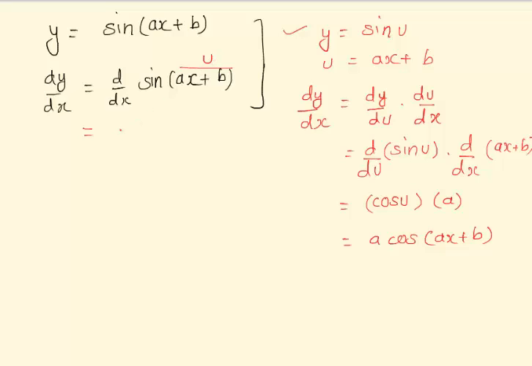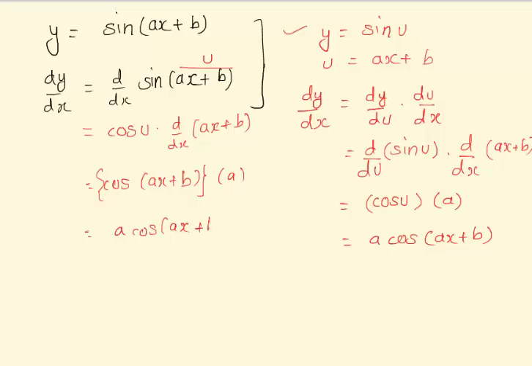You can directly write here cos u into du by dx, that is d by dx of ax plus b. So cos of ax plus b into differentiation of ax plus b, which is a, which is the same as a cos of ax plus b.